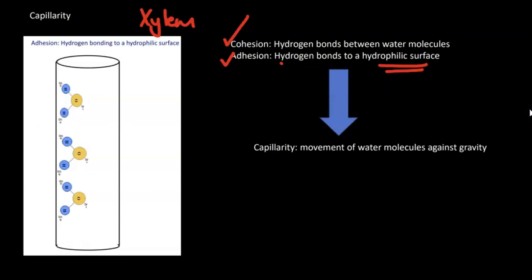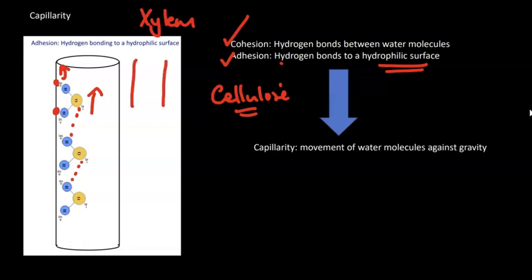In the case of xylem, this would be cellulose of the cell wall. And so the water molecules are attracted to the wall like this, and they're attracted in an upward manner, so that the water molecules, when hydrogen bonded together, are being pulled upwards like this. And this creates the effect in the capillary of the familiar meniscus.